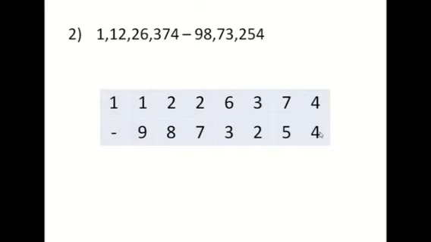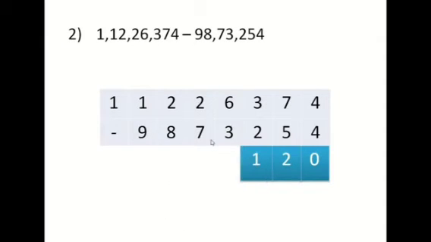4 minus 4, how much is it? 0. 7 minus 5 gives you 2. 3 minus 2 equals 1. 6 minus 3 equals 3. 2 minus 7. Is it possible?